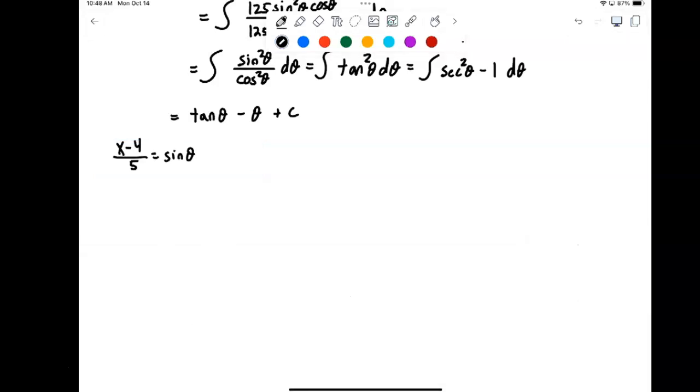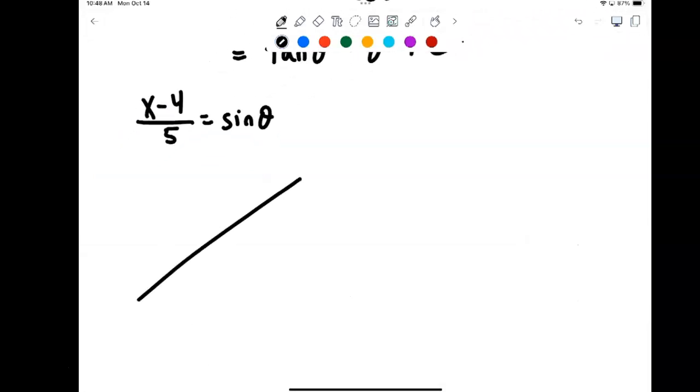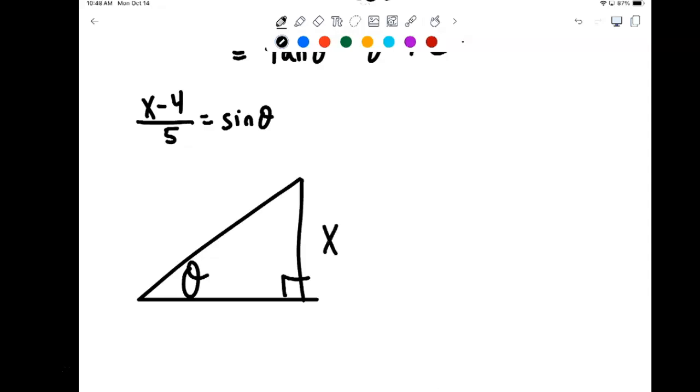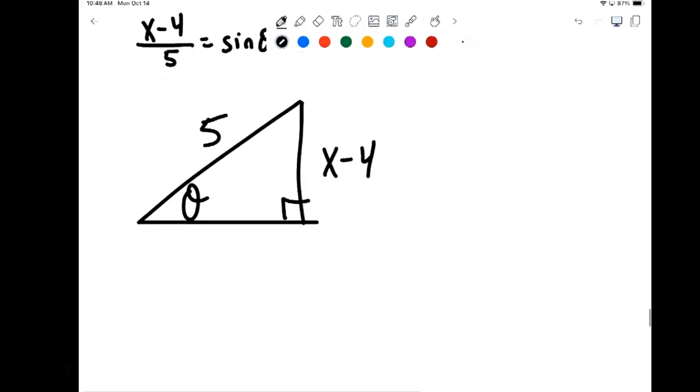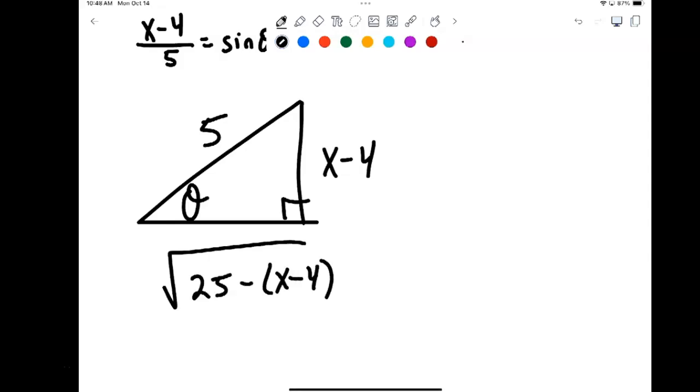So we'll draw in our triangle for sine of theta is x minus 4 over 5. So this will be square root of 25 minus x minus 4 quantity squared.